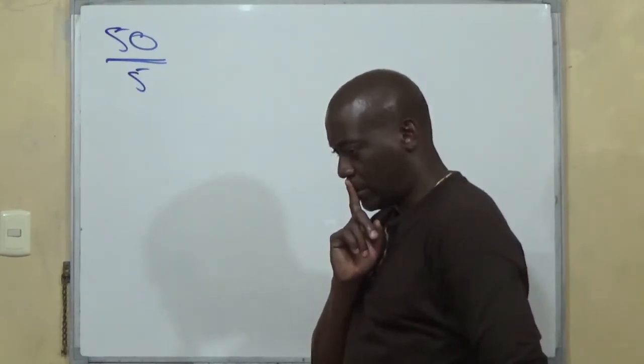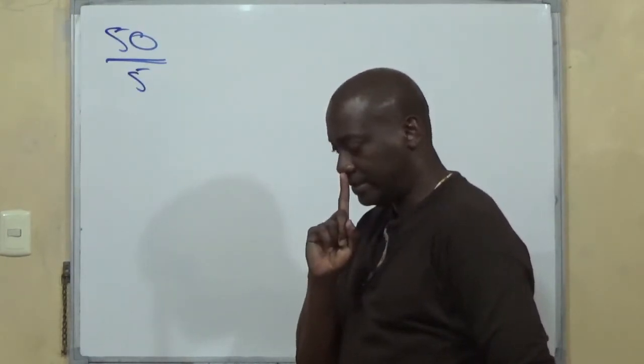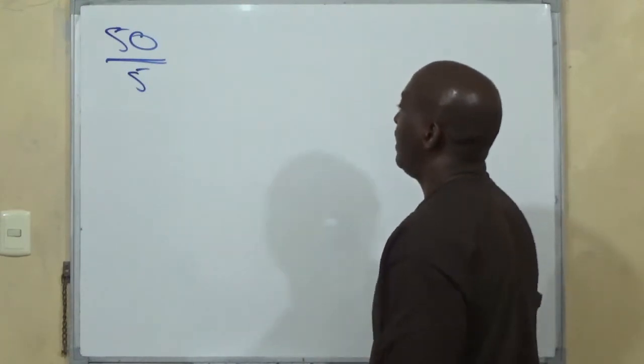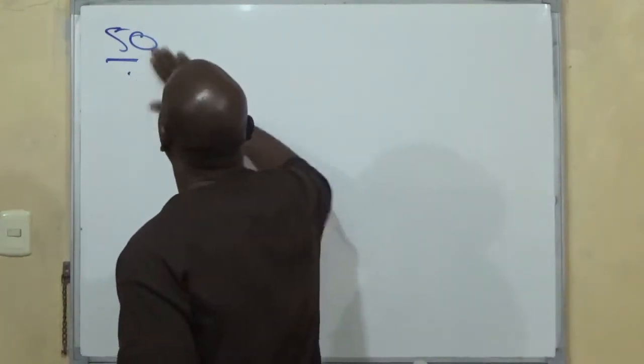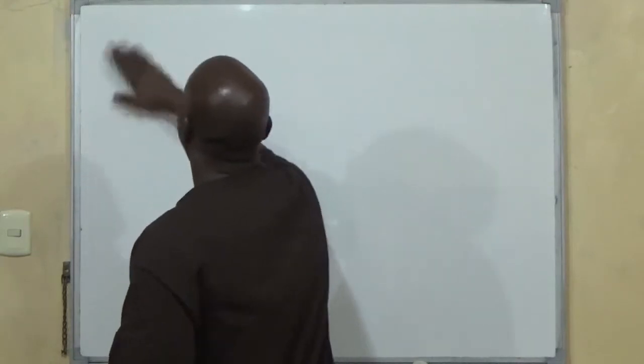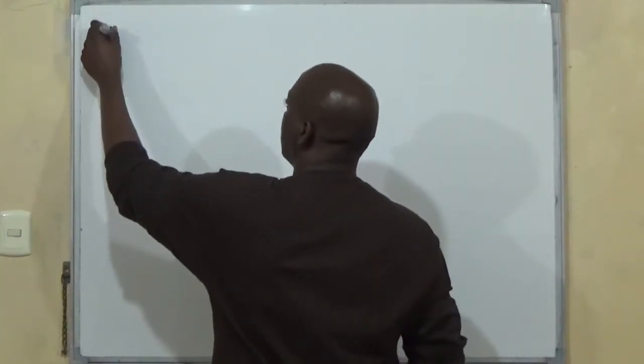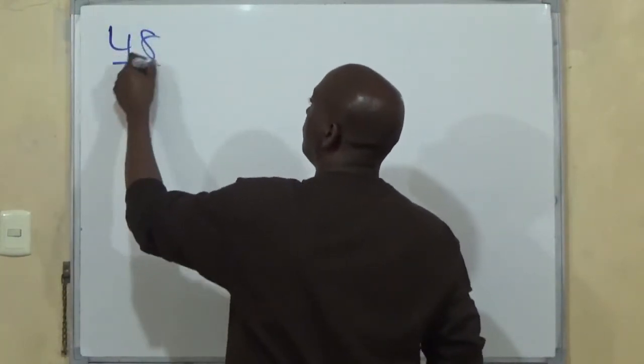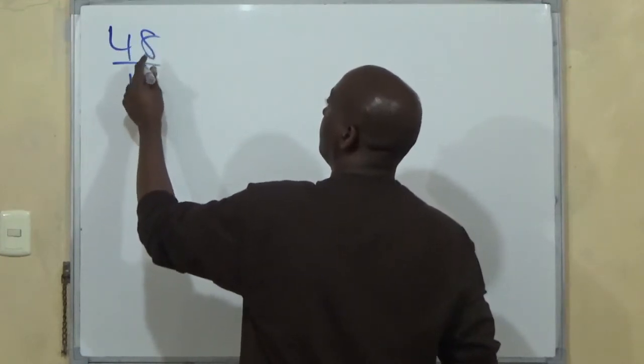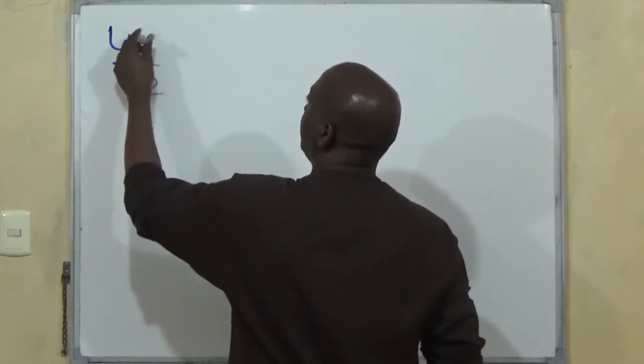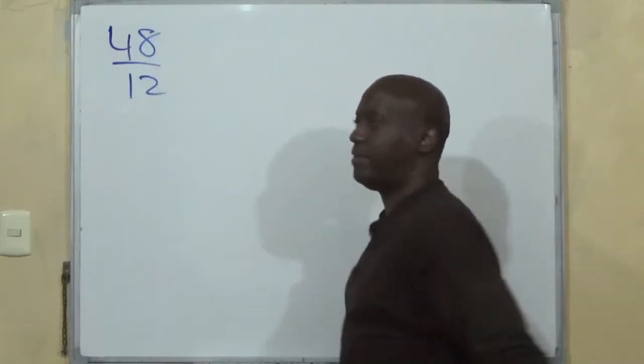That's no. I need to choose better numbers than this. Let us say I have the fraction 48 over 12. Much better. Alright? 48 over 12.